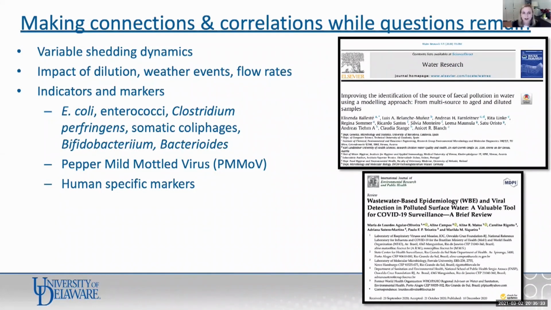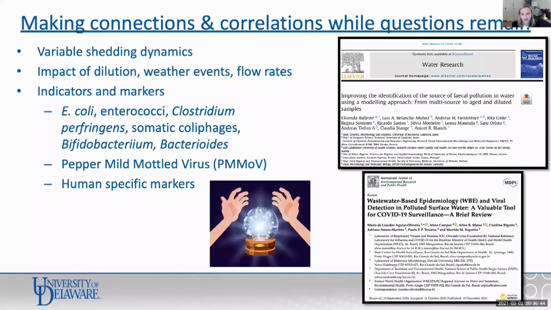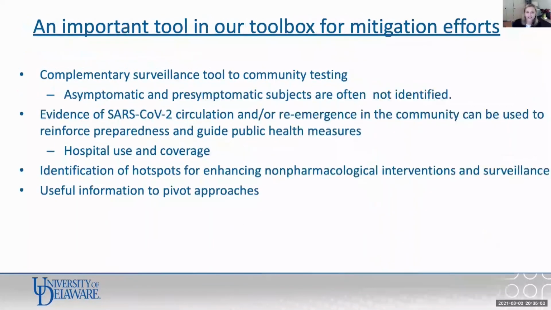We need to know more about what dilution is like and how the effect of weather events affects our wastewater, and also the use of different indicators and biomarkers is very important. And of course, none of us have this crystal ball, so we don't quite know what's going to happen in the future, but hopefully we all stay on a good trend.